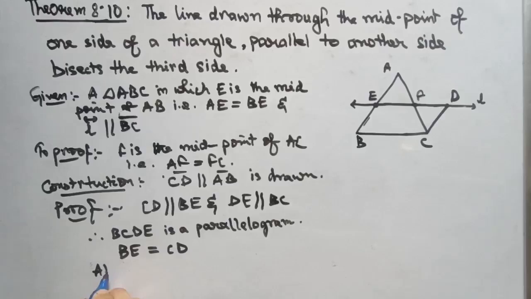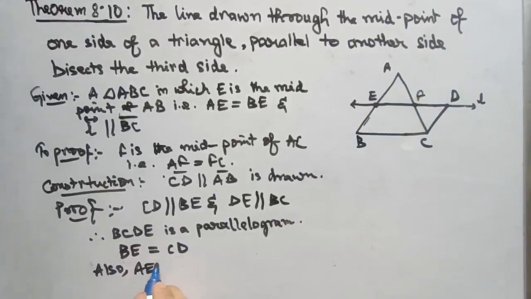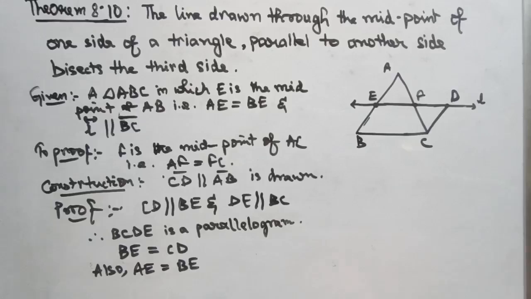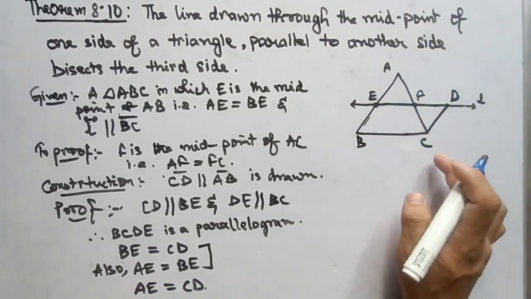Also, at the same time, we know that AE is equal to BE. That is, E is the midpoint of AB, so AE is equal to BE. From these two, we can say that AE is equal to CD.